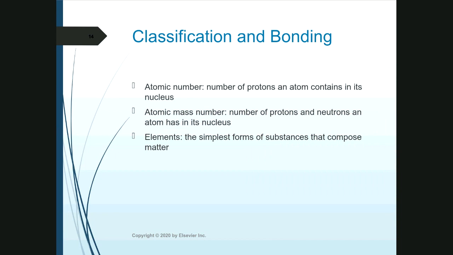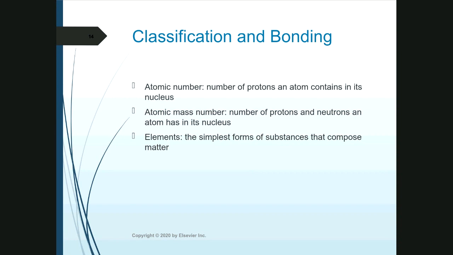As far as classification and bonding, recognize that there are a few things we have to understand about the atoms and some of the definitions. The first thing they talk about is the atomic number of an atom. Okay, so the atomic number is always referring to the number of protons in the nucleus.